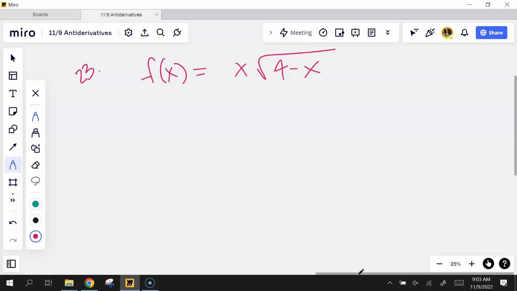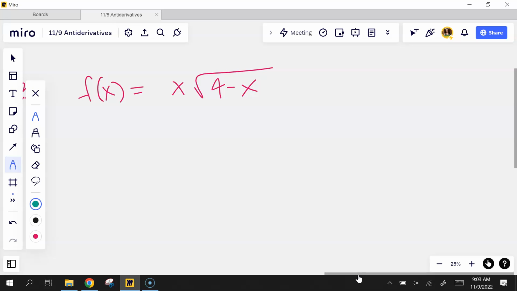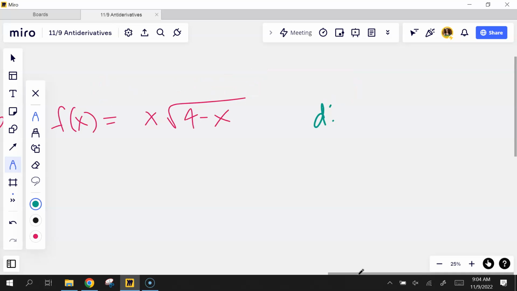I think I'll look at my domain restriction first because I do have a radical, right? So what's the domain of this function? Well, 4 minus x has got to be greater than or equal to 0, right? Because it's a radical.